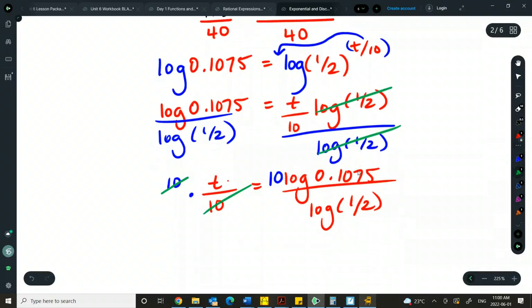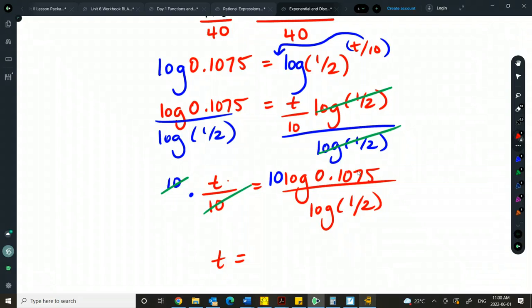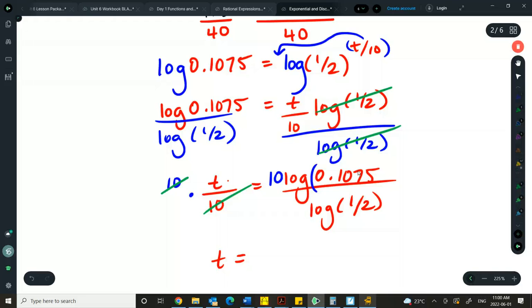And if you have a calculator handy, you can try this with me, entering this into your calculator. So 10 log of 0.1075. If your calculator opens a bracket here, it is super important that you close this bracket up before you divide by the log of a half, or 0.5.